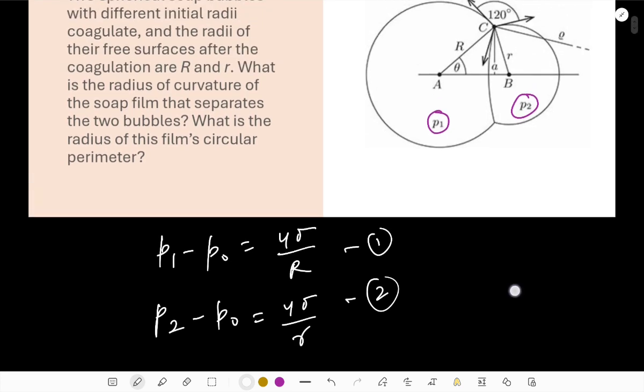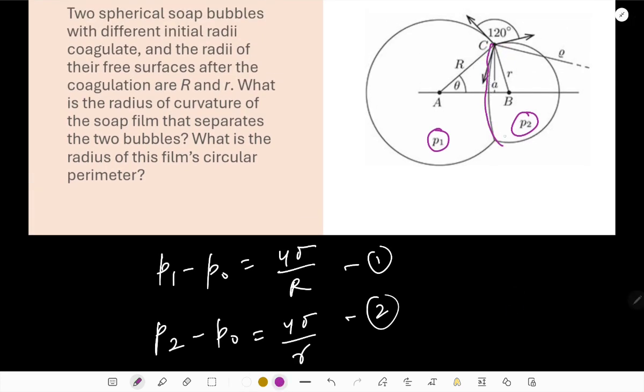And in a similar manner, the excess pressure between the sides of the separating soap film, that is this, whose radius I have just assumed to be rho. P2 will have a larger value, so P2 will be greater than P1. This separating soap film has a pressure difference, and its shape is like this.